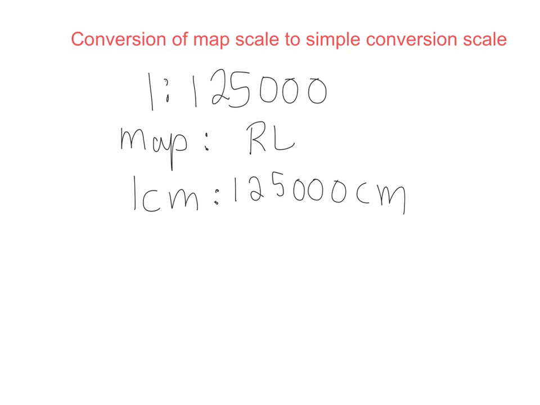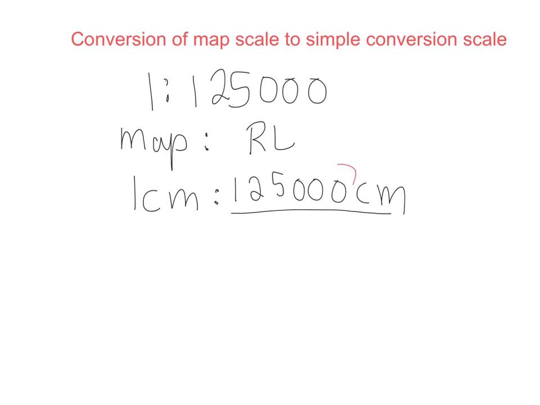This is an easy conversion in some way, but no one actually gives you 125,000 centimeters in real life. So what we need to do is use more user-friendly units. Let's try kilometers. We need to go to meters first, and we do that by dividing by 100.